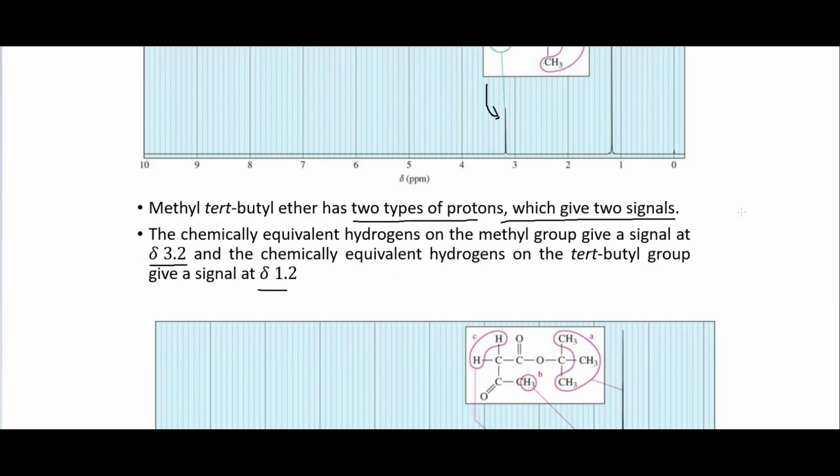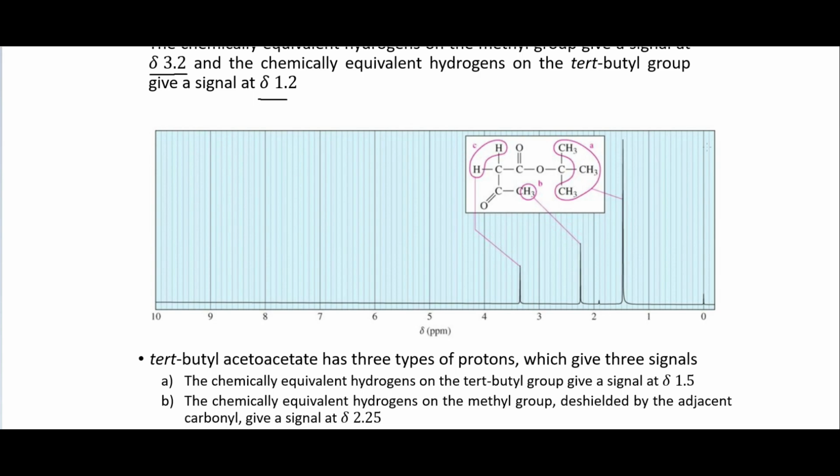And we can look at this for a somewhat more complex molecule here. So again, we have these 9 hydrogens. They are all equivalent, so they all go into this peak. These 3 right here are all equivalent, and they are all in this peak. Then these 2 hydrogens here are equivalent, and so they all contribute to that peak right there. And those are the only hydrogens found on here.